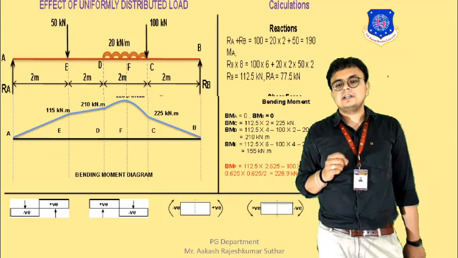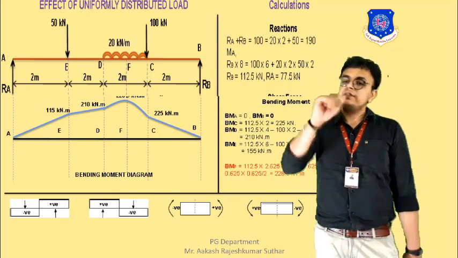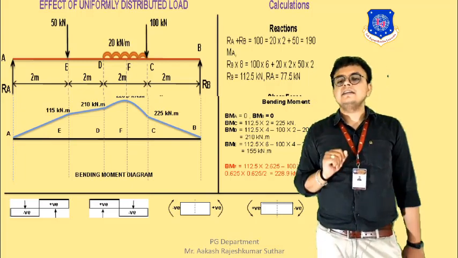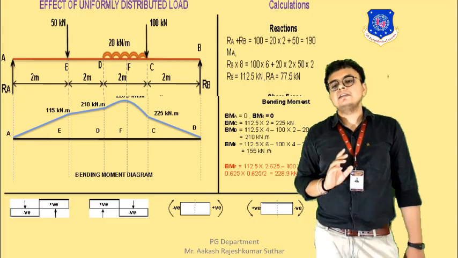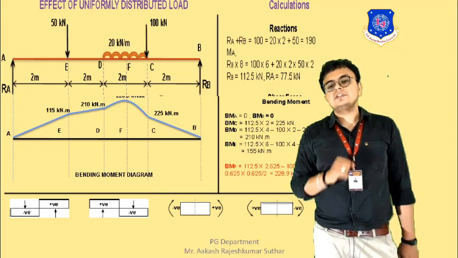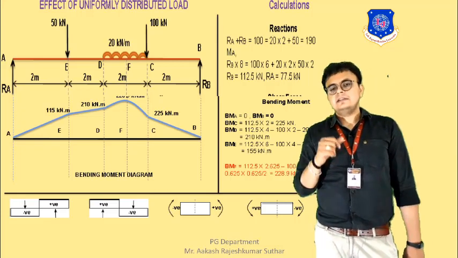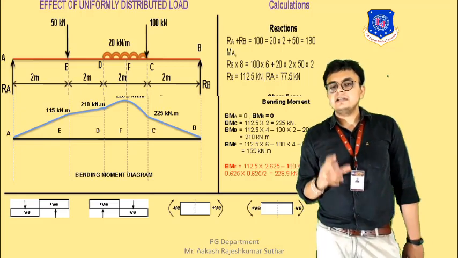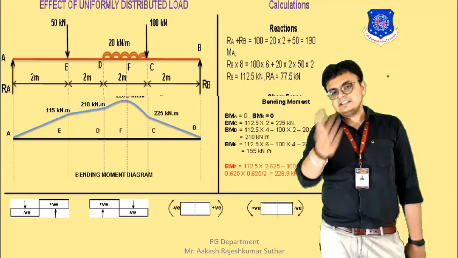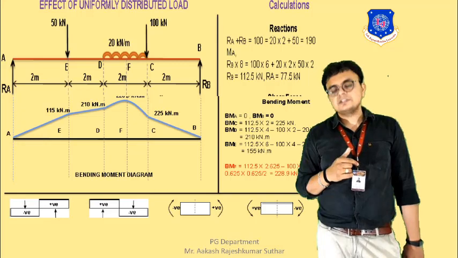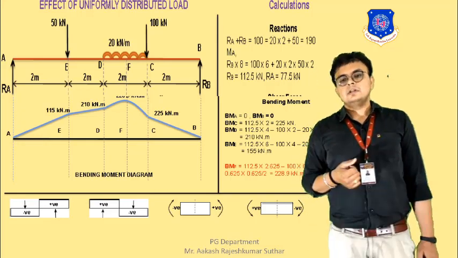So we have to subtract it further by 100 into 2, and further we have the downward UDL load, that is minus 20 into 2 into 2 by 2. So finally we are getting the bending moment of 210 kilonewton meter. And you can see that the maximum value is at F only, that is 228.9. Means it is at a point at which the shear force was 0. So ultimately the shear and bending moment diagrams will be okay.